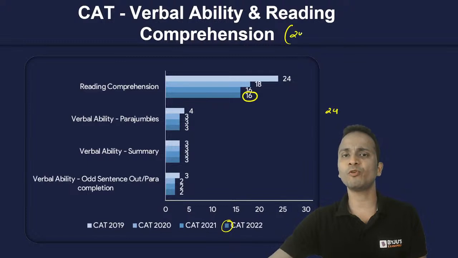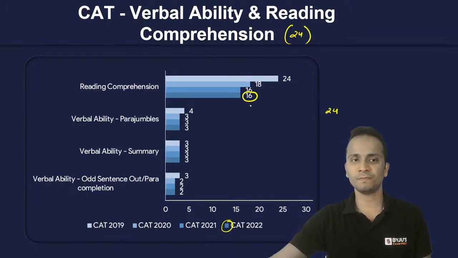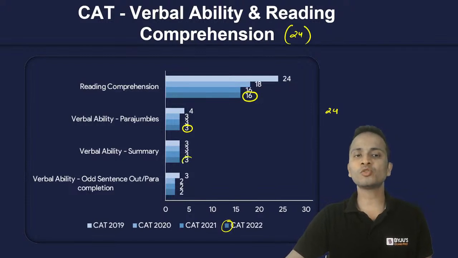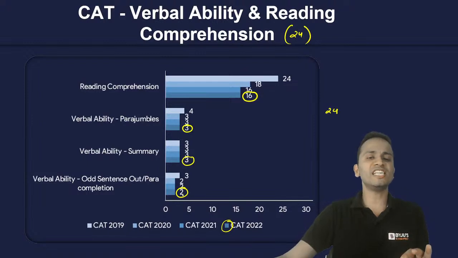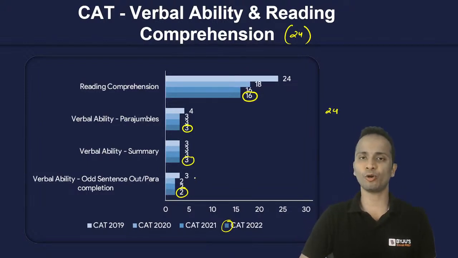That means two-thirds of the questions were of reading comprehension. 3 questions were from para jumbles, 3 from para summary, and 2 from odd sentence or para completion. That makes a total of 24 questions.